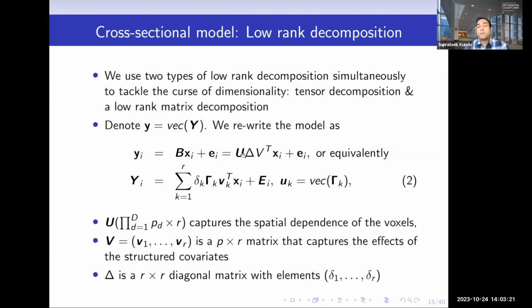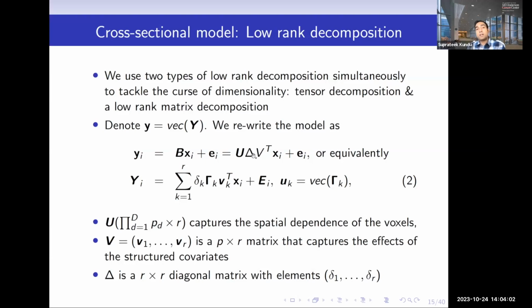If this is a vectorized form, Y is a vectorized image and xi is the vector of P covariates, and B is the coefficient matrix, and we express B as this low dimensional form. This form actually has been proposed previously in literature, by Hong-Tu Zhu and some other authors back in the day. But again, they were not dealing with these high dimensional images, voxel-wise images or tensors, right? So this is a decomposition that has been successfully applied in literature.